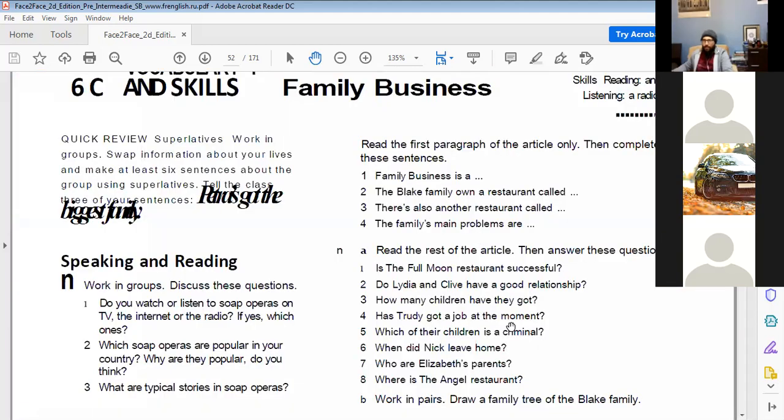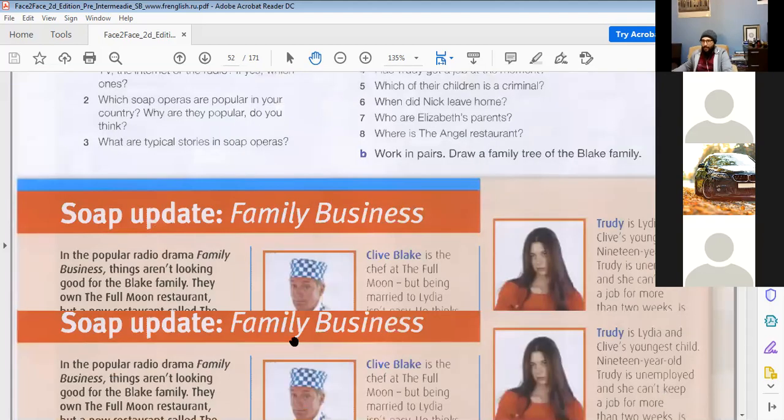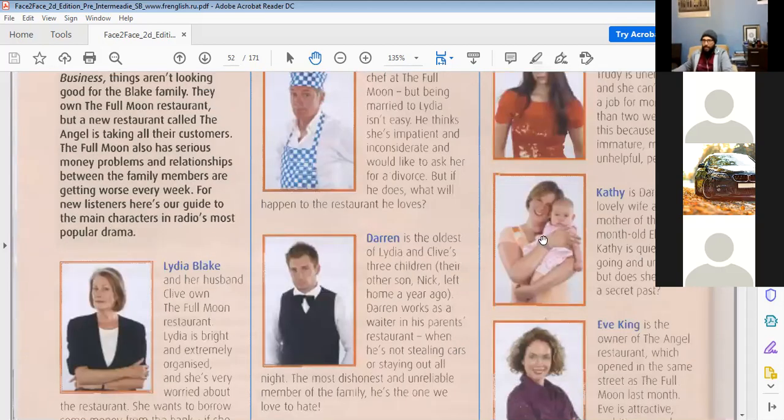Who are Elizabeth's parents? Kathy and Darren. Okay, so Elizabeth is Kathy and Darren's daughter.